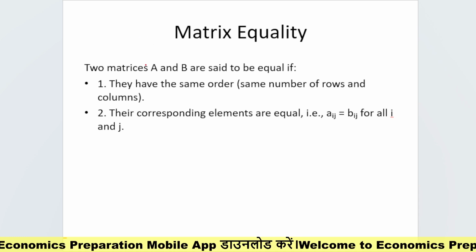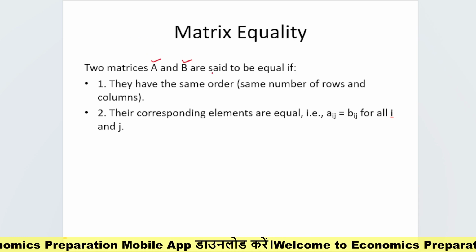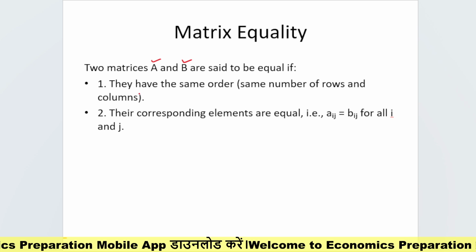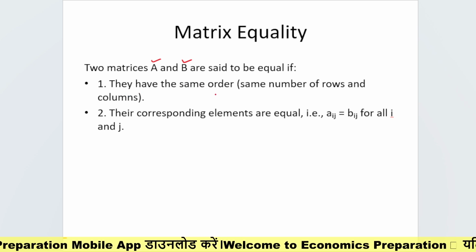Now two matrices A and B are said to be equal if they have the same order.